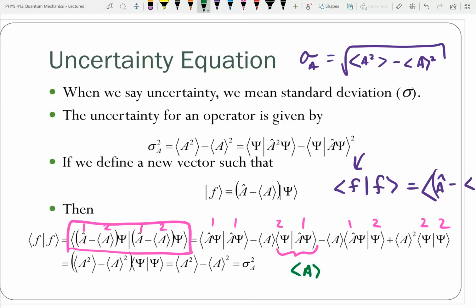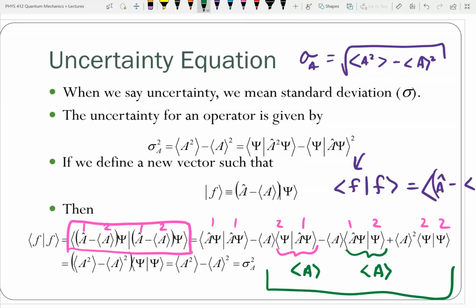That's the expectation value of A. What about this here? It's also the expectation value of A. And so all three of these terms are the same thing, 2 negative, 1 positive.